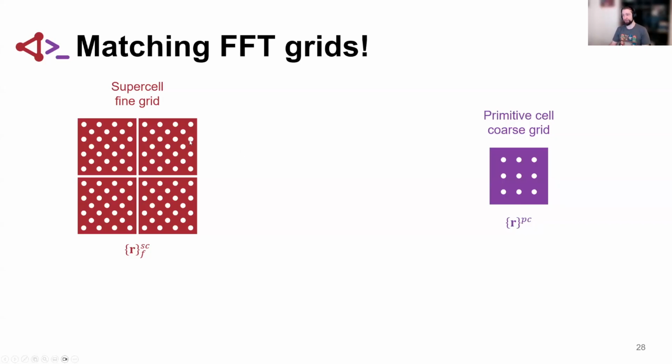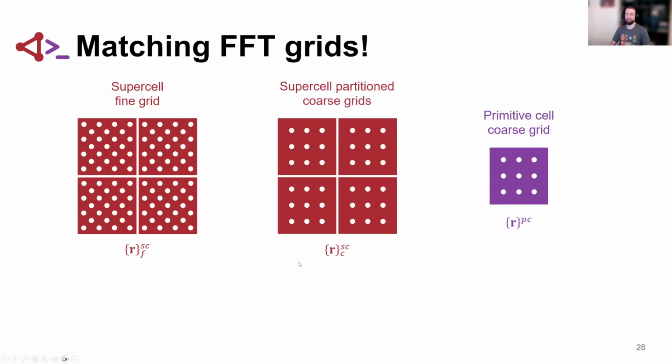And in order to get from the left grid to the right grid, we introduce an intermediate grid. I call this here the supercell partitioned coarse grid. What I mean by that is that I try to build an FFT grid here in the supercell that essentially looks like the primitive cell grid, but replicated. So each of these individual red squares here is just a primitive unit cell, and it has the same grid layout as the unit cell. So once we have this, it is quite easy to go to the primitive cell because all we have to do is just partition the supercell into its primitive cells and then map one to one.